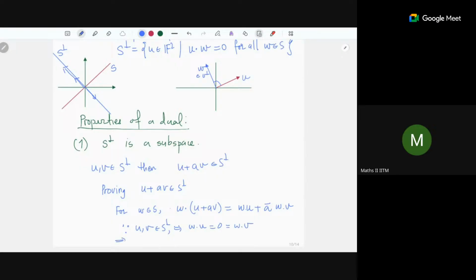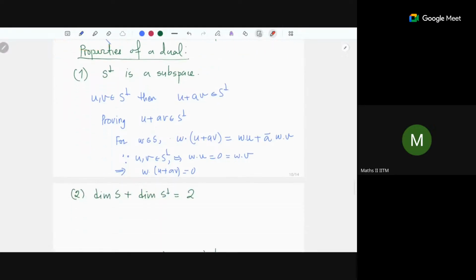So this implies that W dot (U plus aV) is also 0, because these two things are 0. That means S perp is also a subspace. That we have seen in the example also here.